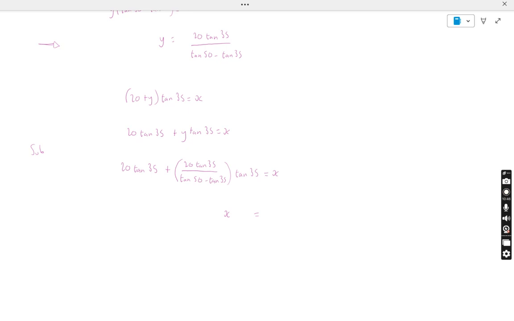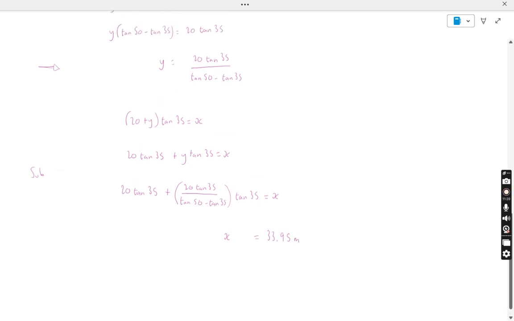So tan 50 minus tan 35 is that. 20 times tan 35 divided by the answer equals that, times that by tan 35 equals that, and now add that to 20 tan 35, and we get an answer of 33.95. So x equals 33.95. And let's go meters.